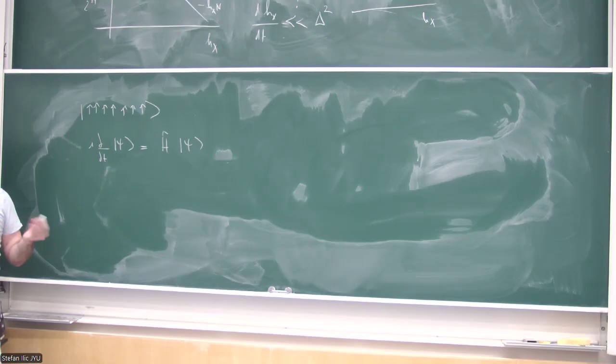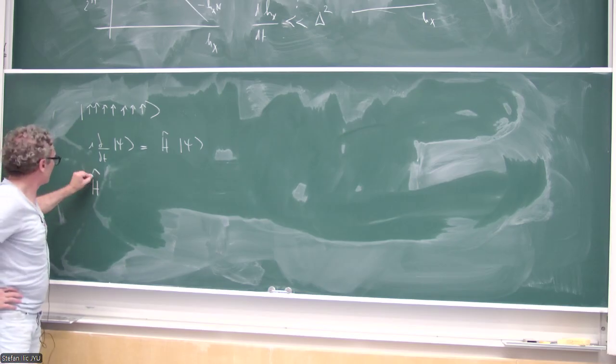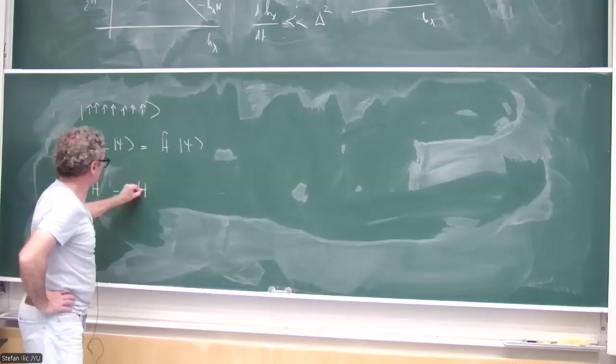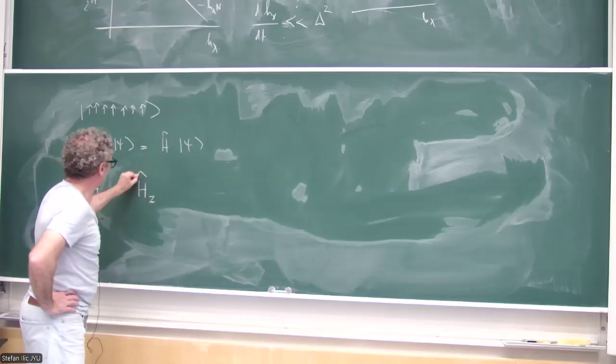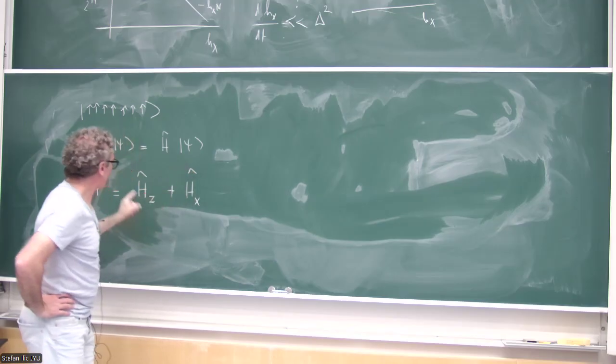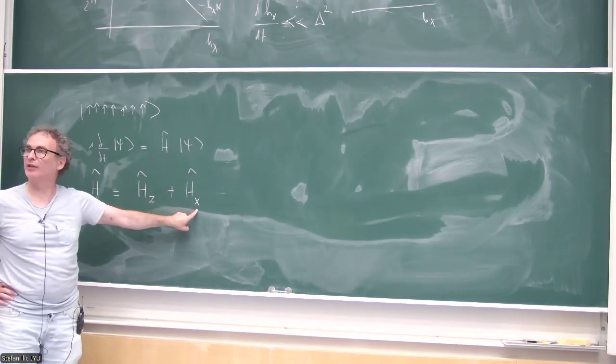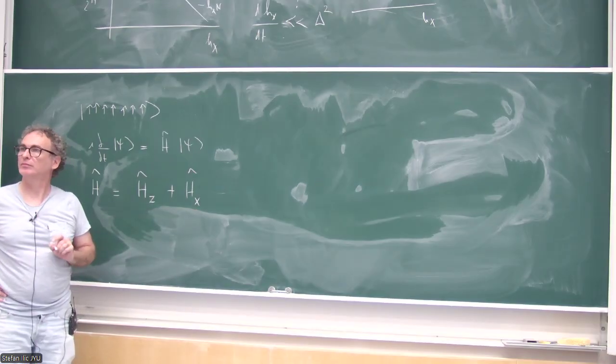So one way to do that is just to use Trotter decomposition. So for instance, if I write H as the sum of the classical terms and the transverse term, right?